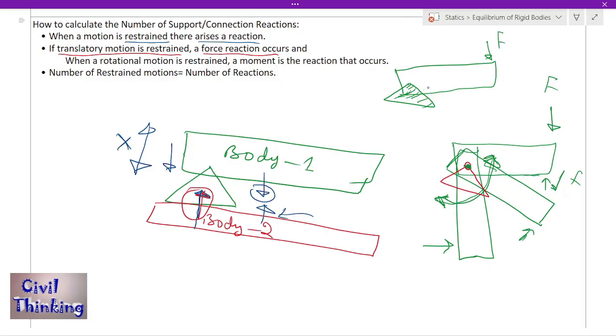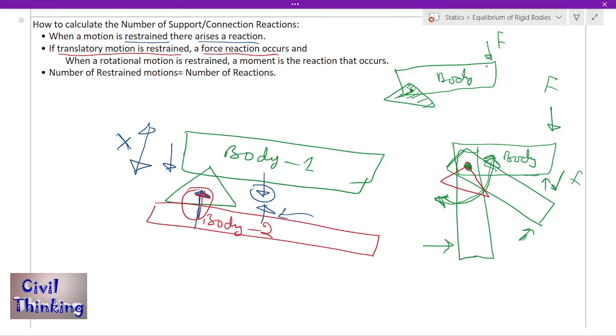Now again, this body has a tendency to rotate at this point, but it will not rotate because there is no pin at this point. But here, the force F has the tendency to rotate this body at this point, and because there is a pin, a hinge at this point, it will rotate.